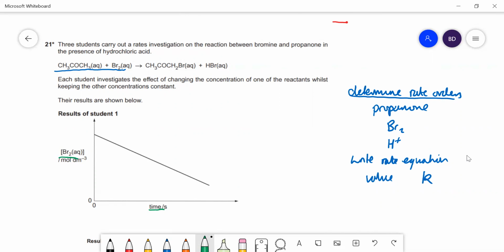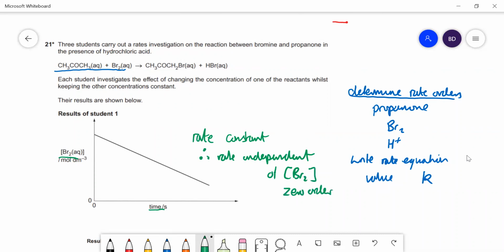Now you can see that's a straight line, so that means the rate of reaction is constant, even though the concentration of bromine must be dropping. So therefore we can say that the rate is independent of Br2 concentration. In other words, it's 0 order with respect to Br2.